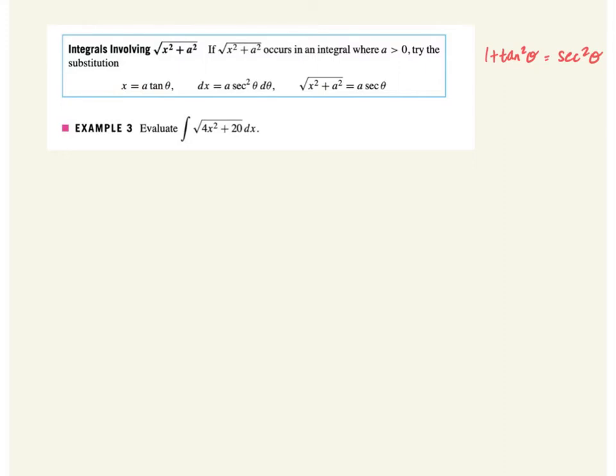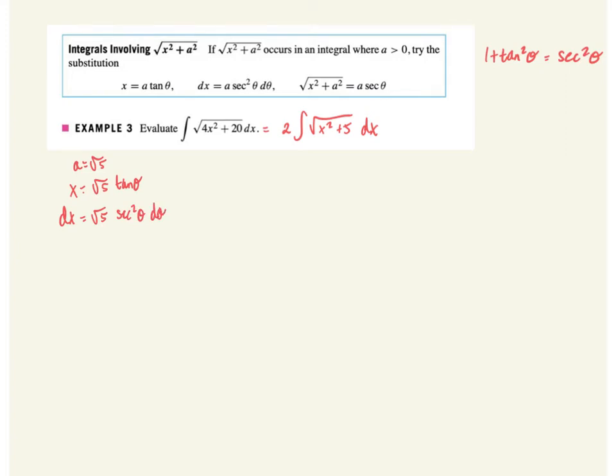So in this example, I have a common factor of a 4 that I need to pull all the way out. So if I factor the 4 out and then I square root it, I would end up with a 2 in front of my integral. So my a is square root of 5. And therefore my x is square root of 5 tan theta. My dx is square root of 5 secant squared theta d theta.